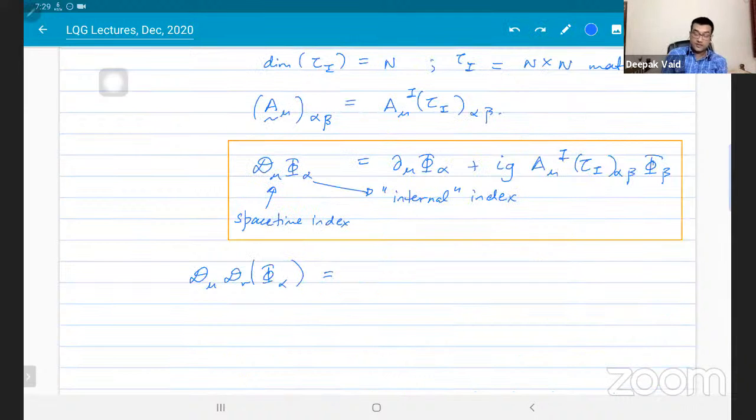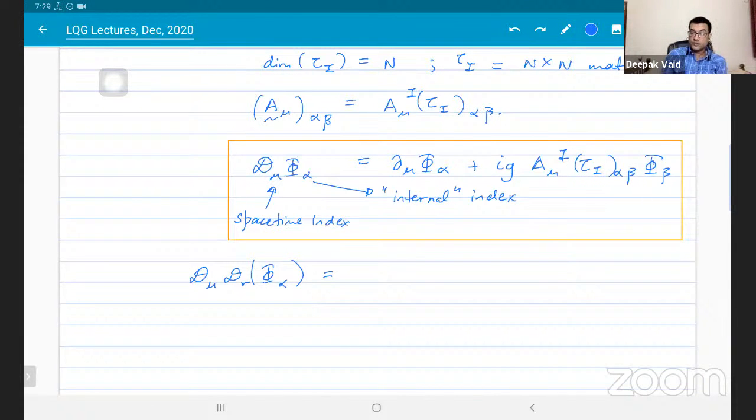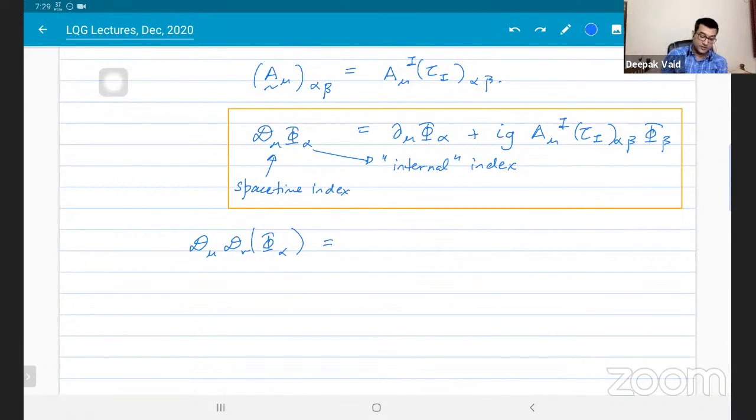But here, what will happen? We will get products of matrices, right? And those products will not commute. So we will get a term which looks like A wedge A or A commutator A. So when you work it out, I'll just write down the expression F mu nu like this, okay?